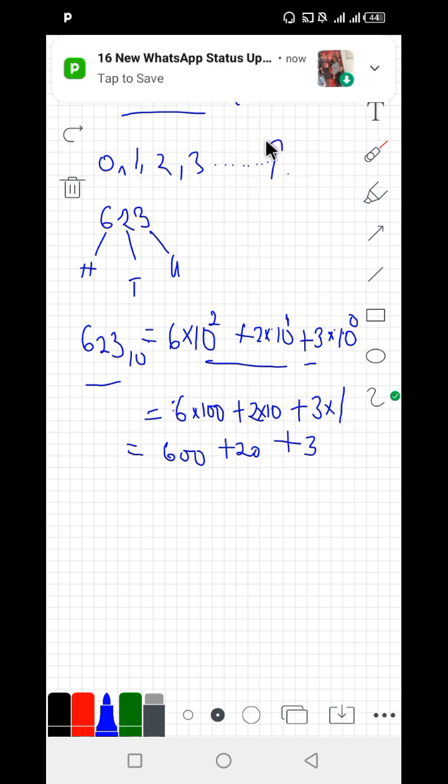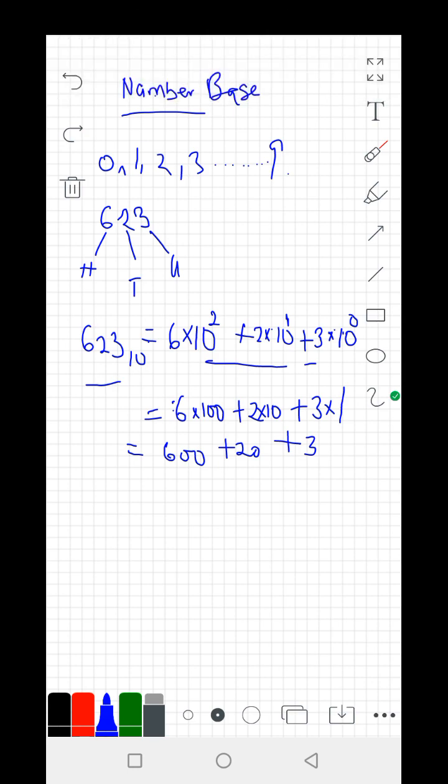What we did here was assign this a power of 0, this a power of 1, and this a power of 2. That's basically what base 10 means.